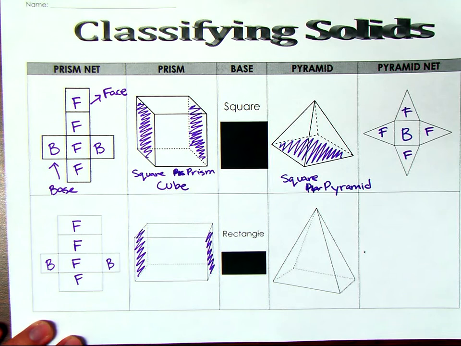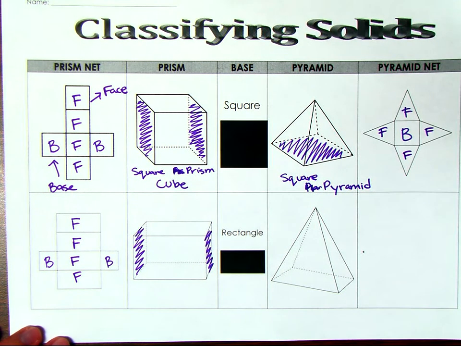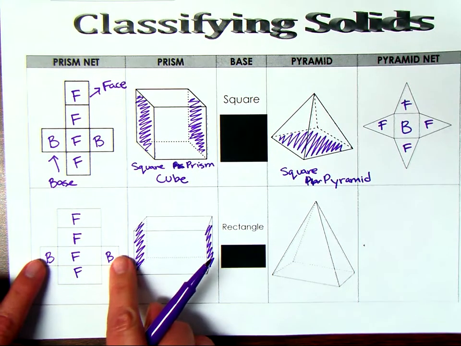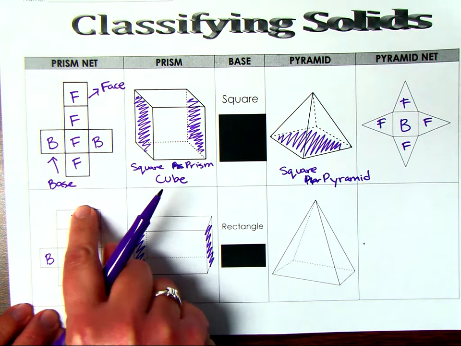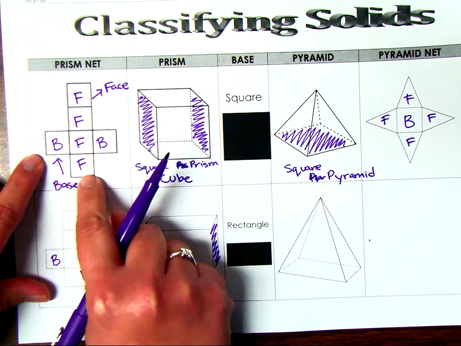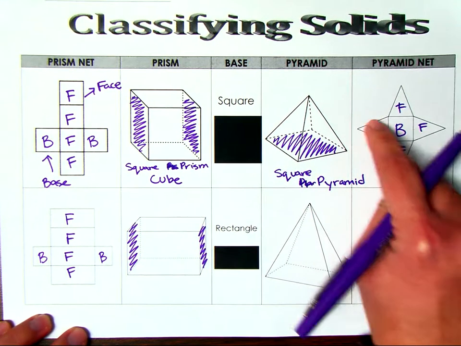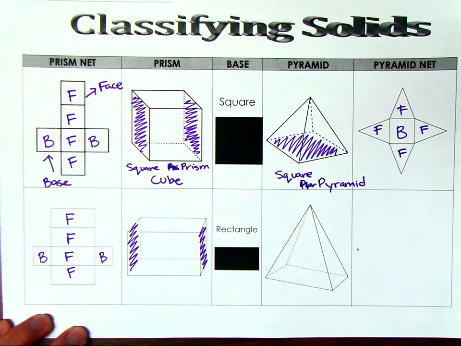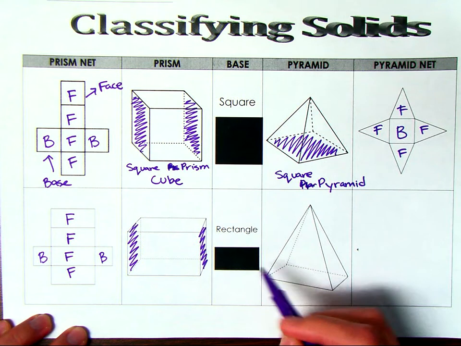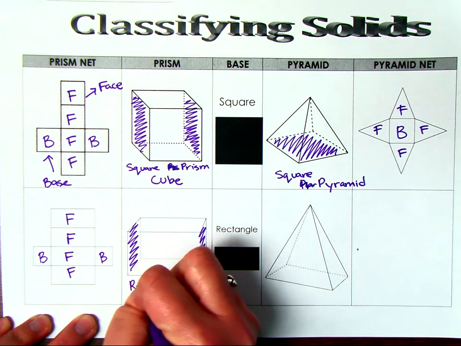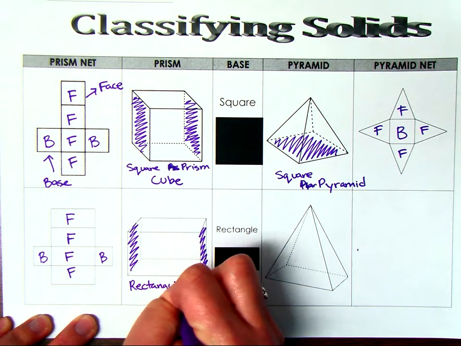And we'll talk about some things that we see. Okay, so in this one, we have two bases and four faces. Over here, we have one base and four faces. Then if this is a rectangle, this is going to be called a rectangular prism.